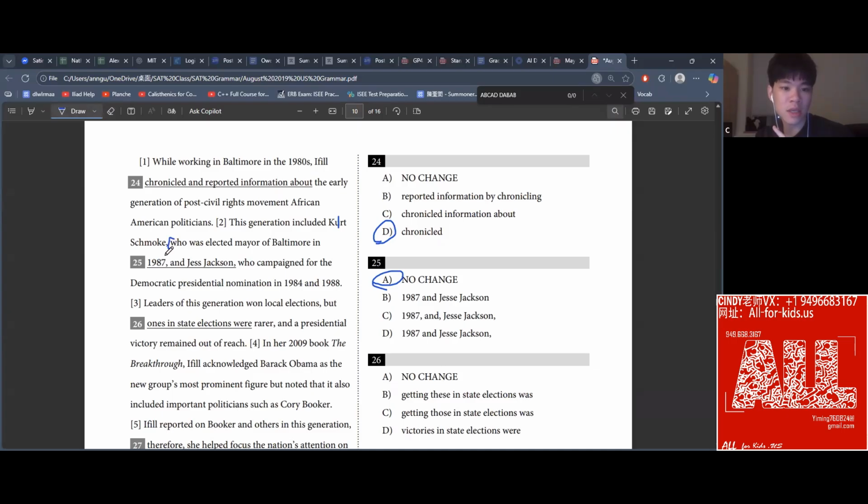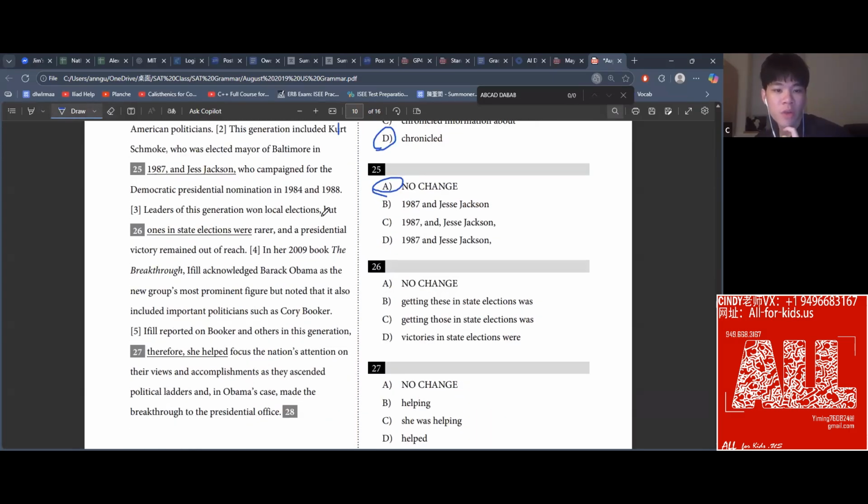So we know this thing here is modifying this guy. So we can just remove this here. And likewise, this comma here, everything here is modifying Jackson. So we can just remove, basically we want to have commas here and here to just remove the modifiers.